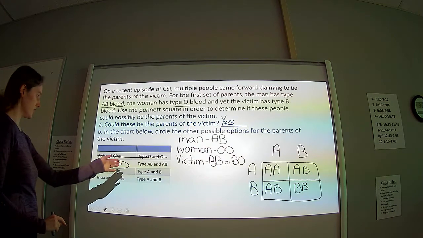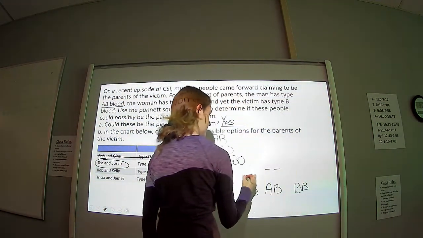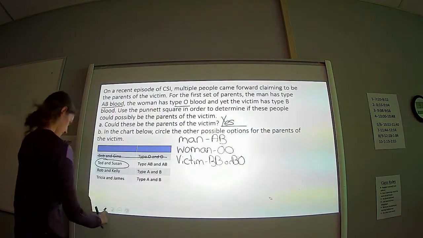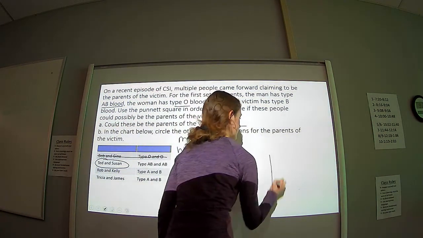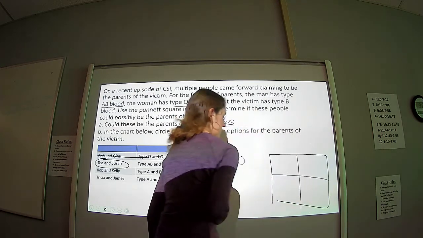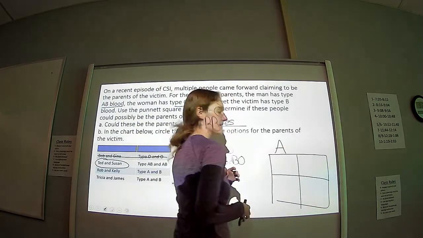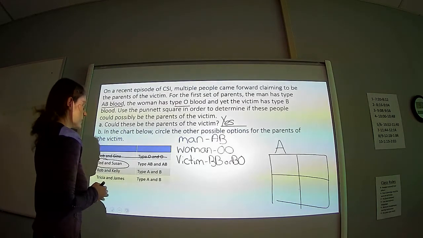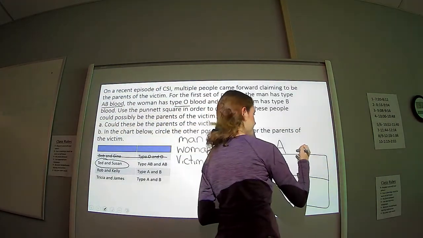Look at Rob and Kelly and Trisha and James, who are both type A and B. So for type A, now it gets a little bit tricky here because remember, we don't know if they're heterozygous or homozygous, and we can't assume either one, so I'm going to have to do two squares anyhow.